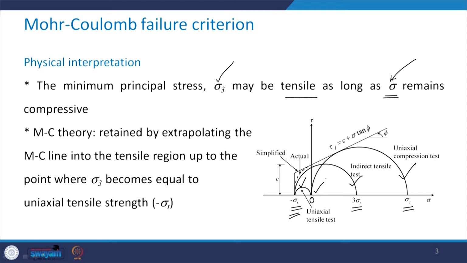So, this Mohr Coulomb theory was retained by extrapolating the Mohr Coulomb line into the tensile region up to a point where sigma 3 becomes equal to the uniaxial tensile strength. What does this mean? We have this as the Mohr Coulomb failure envelope.